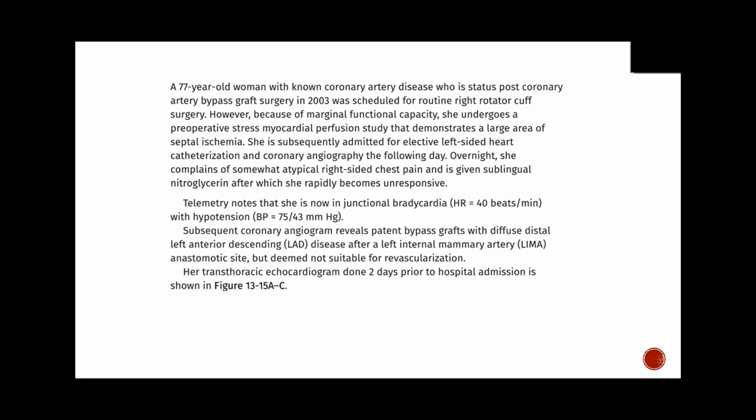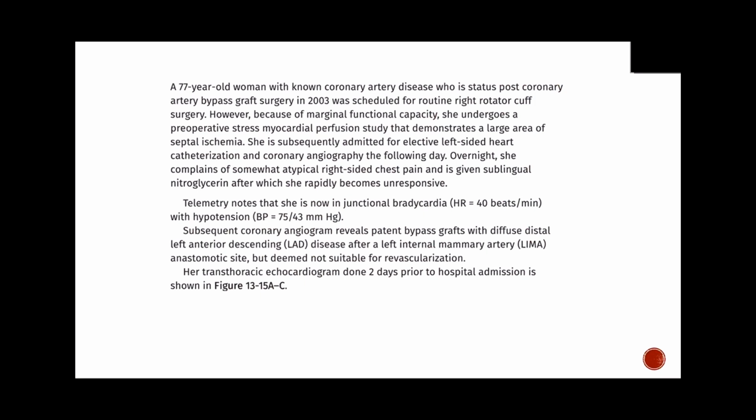All right, last question. 77-year-old woman with known CAD, status post coronary artery bypass graft surgery in 2003, scheduled for a rotator cuff surgery. However, because of marginal functional capacity, she undergoes preoperative stress testing, demonstrating a large area of septal ischemia. She is subsequently admitted for left-sided cath, coronary angiogram the next day.